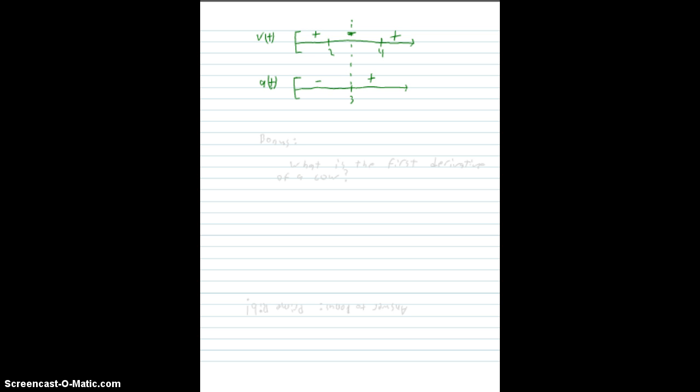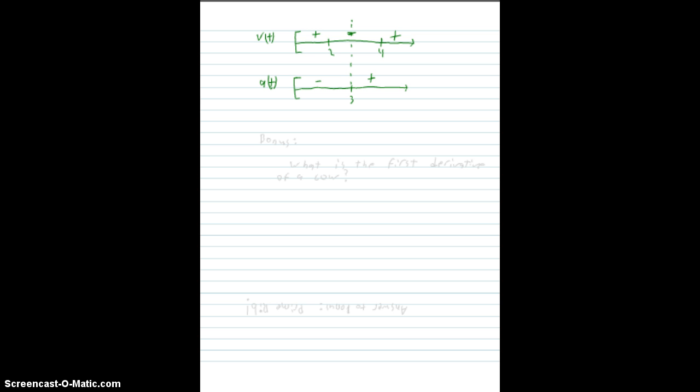And to tell if it's speeding up or slowing down, you have to see if the signs of the velocity and acceleration correspond. If they do, then it's speeding up, and if they don't, it's slowing down.